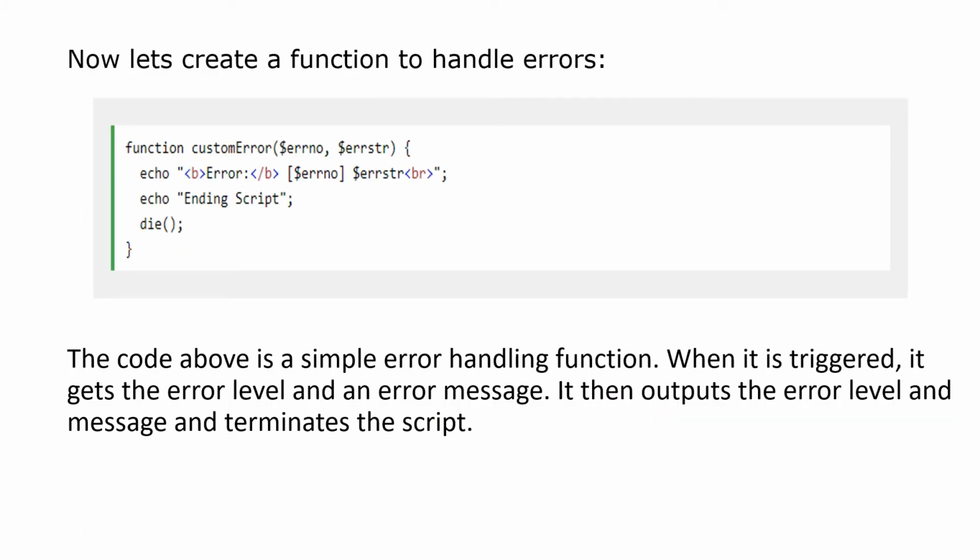Now let's create a function to handle errors. function customError($errno, $errstr) { echo "<b>Error:</b> [$errno] $errstr<br>"; echo "Ending Script"; die(); } Here I created a function named customError with two variables, error number and error string.